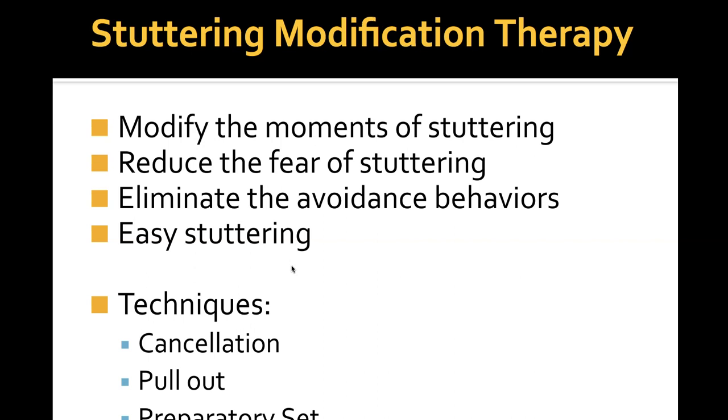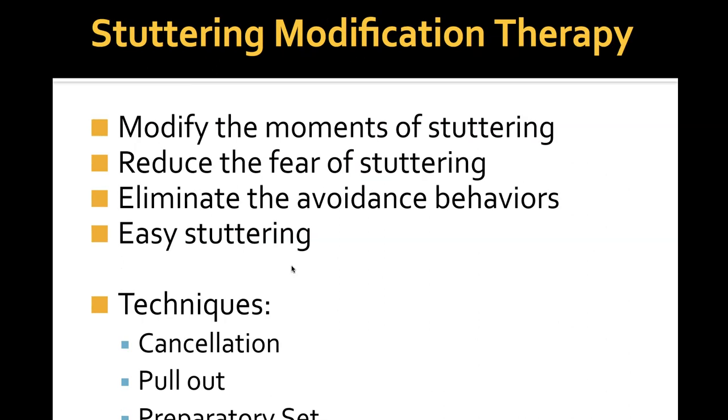If I forget to do this, or if I get stuck and I have a real stutter, I then can pull out of that. If I have a harder stutter, can't pull out, forget to pull out, I then can go back and cancel it. So you kind of have things in your back pocket. You want to try to do the prep set. If you can't, you pull out. If you can't do that, you do a cancellation. Okay.